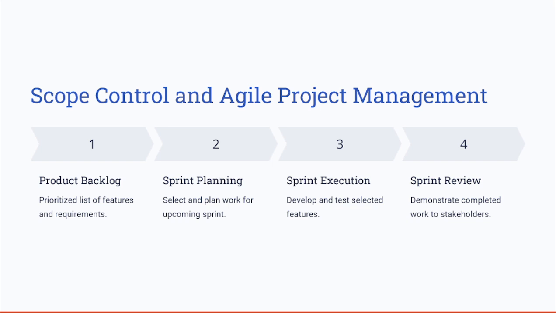Instead of the formal change requests of traditional project management, Agile teams manage the scope using a backlog, sprint planning, and prioritization techniques, which we are going to cover deeply when we start talking about the Agile section and about these frameworks and methodologies.